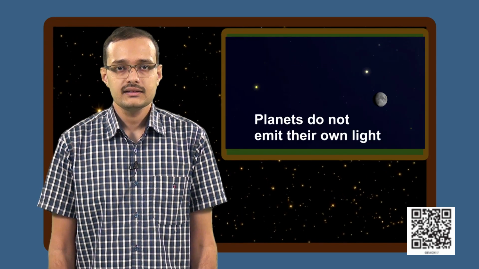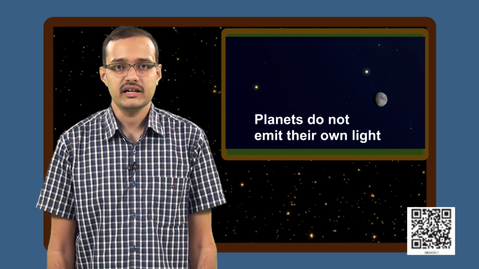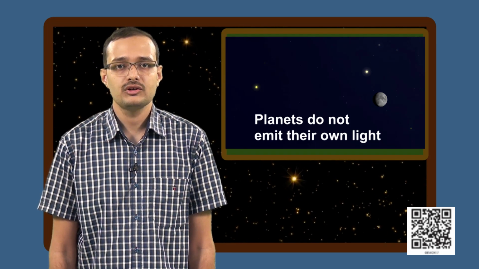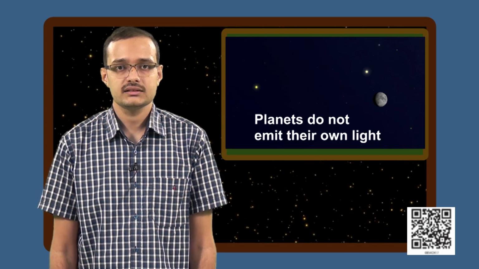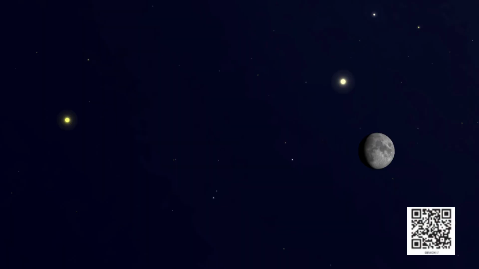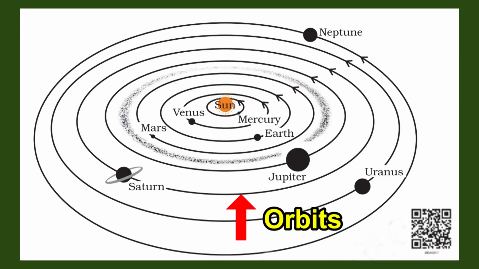In the night sky, you might have seen some objects that appear bright but do not twinkle. These are the planets. Just like Earth, these planets do not emit their own light. They in fact reflect the sunlight that falls on them. The planets move around the sun in specific paths called orbits.